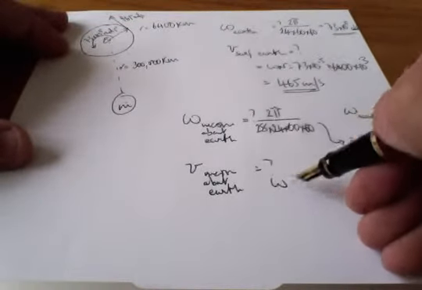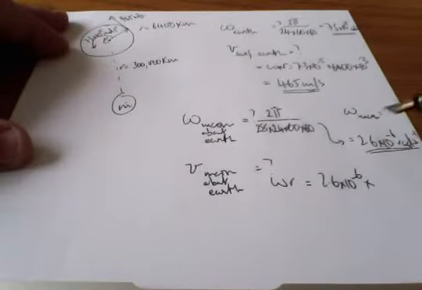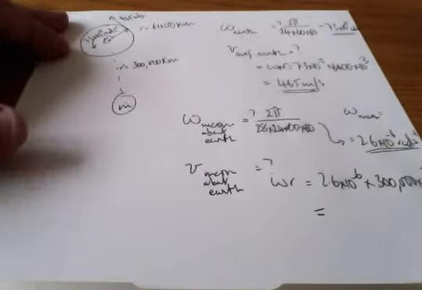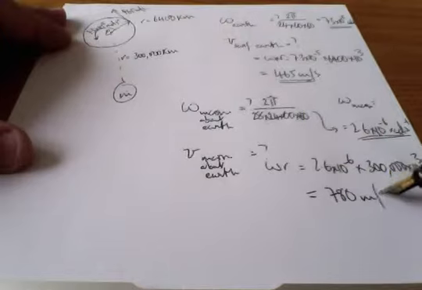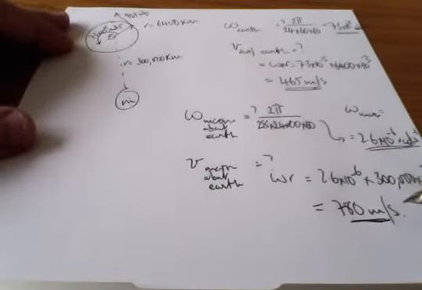Therefore, the velocity, omega r, is going to be 2.6 times 10 to the minus 6 times 300,000 kilometers, giving us 80 meters per second. Screaming around faster than the speed of sound.